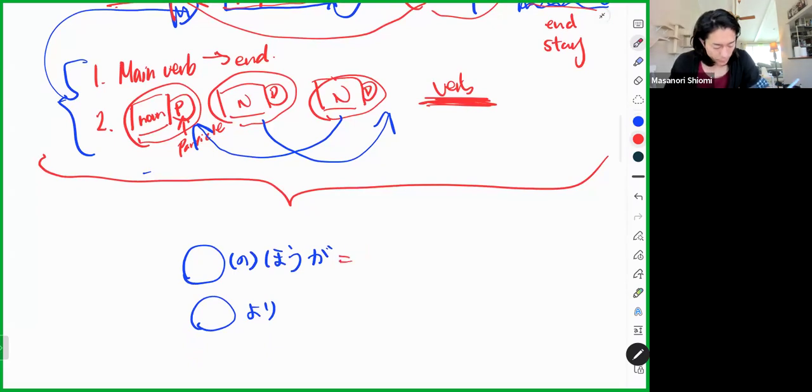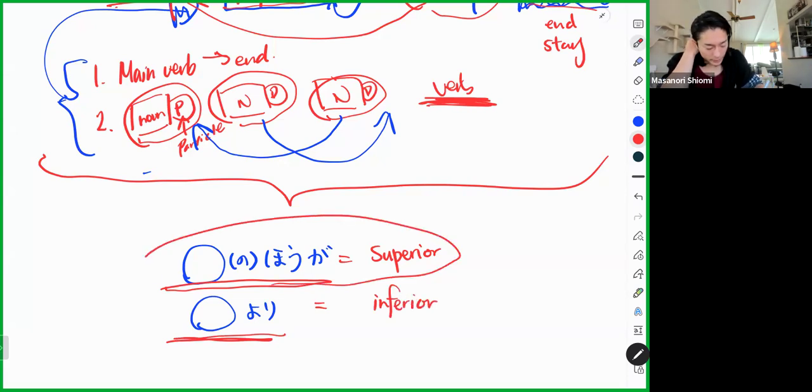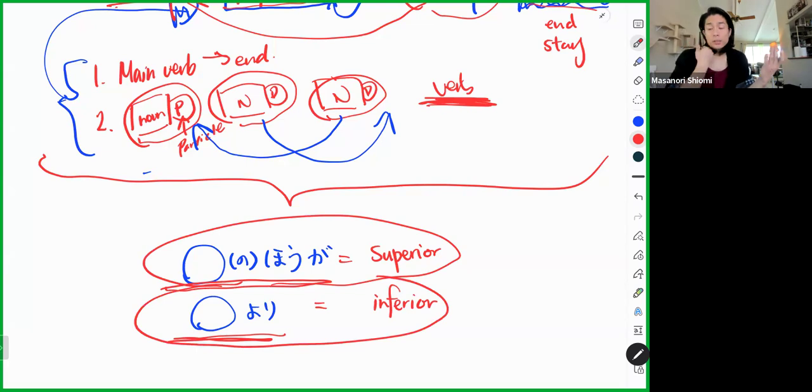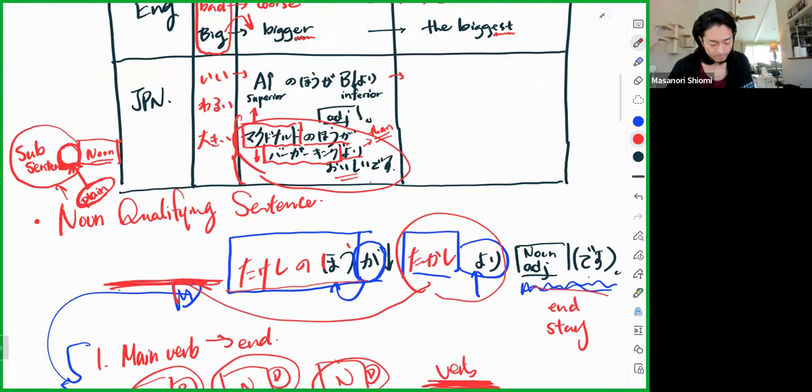Just remember that whatever is connected with hoga is superior in whatever we use in the comparison. And whatever is connected with yori is inferior. This is important. As long as we remember this, then shuffling word order wouldn't matter, right? You can still understand. So that's the important thing.